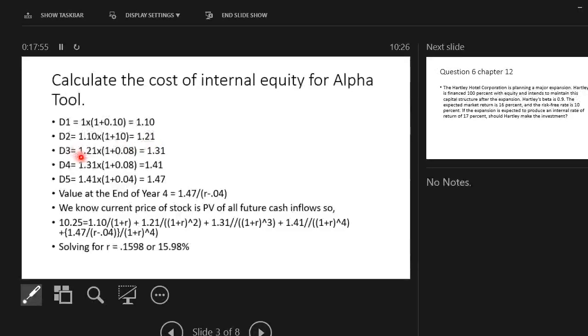All right, and then for D3, remember for D3, they said for year 3 and year 4, the growth rate is now going to be 8%. Right, so I'll just take the latest amount that I have, 1.21, and I add 8%, and 8% is represented here by 0.08.